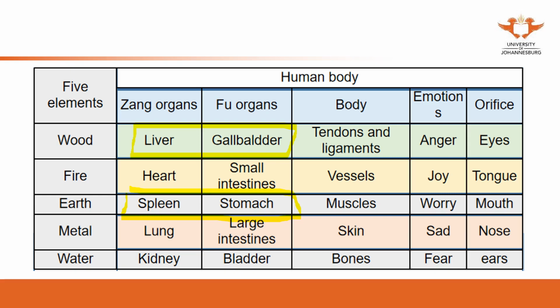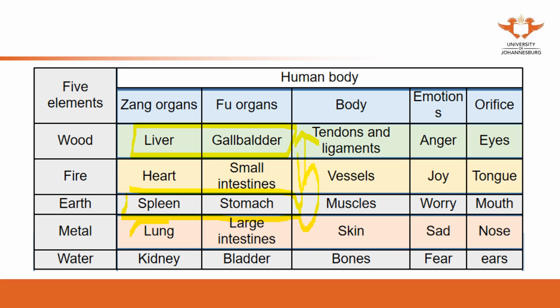The lung meridian originates from the middle jaw and goes all the way up to the chest and to the arm. There is one branch that goes to the large intestine and further back to the chest.